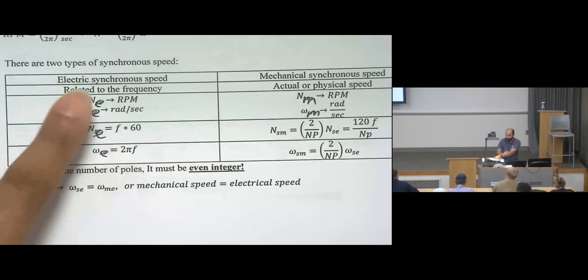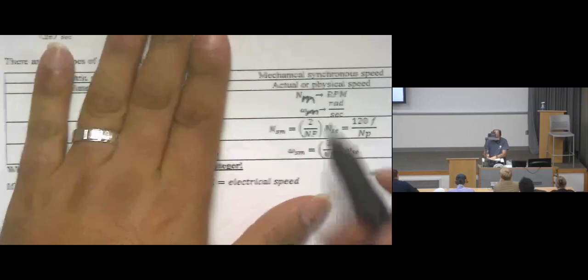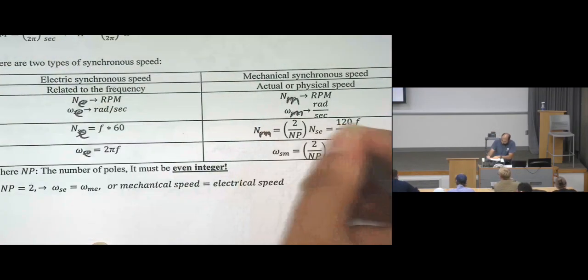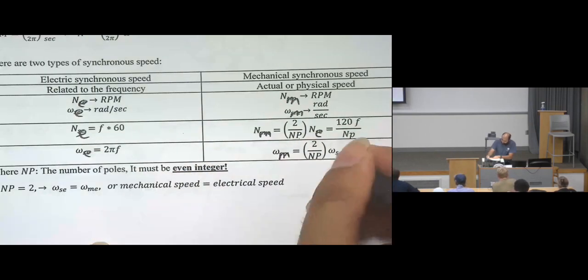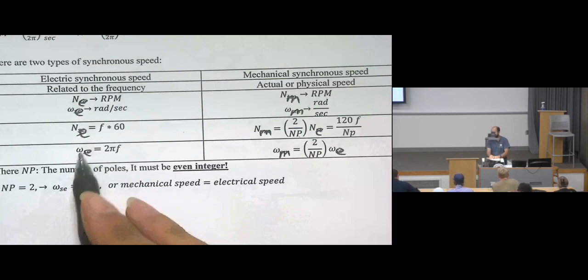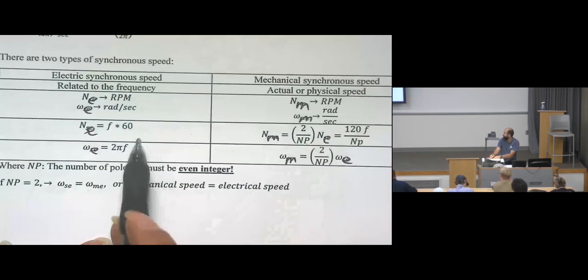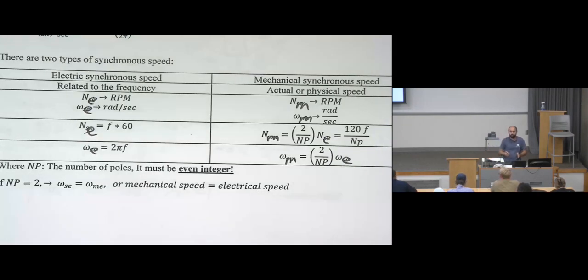That is for the electrical parts. How about the mechanical? The mechanical is 2 over the number of poles times the electrical. Basically, find the electrical first, then multiply by 2 over the number of poles. For omega, it is the same: 2 over the number of poles times the electrical. So the first step is to find the electrical, then find the mechanical by multiplying by 2 divided by the number of poles.